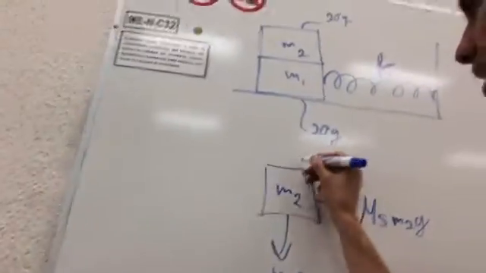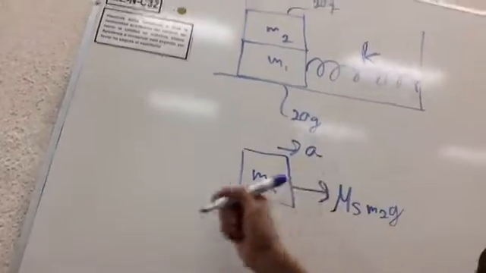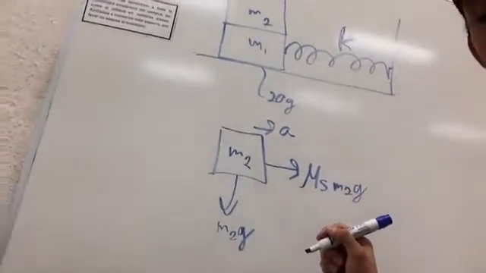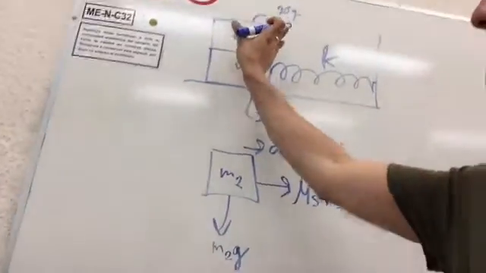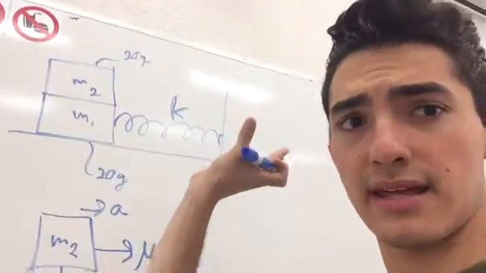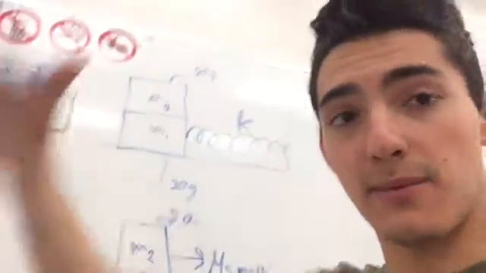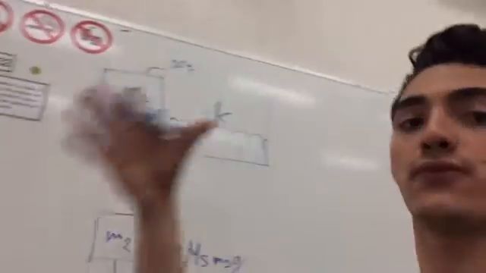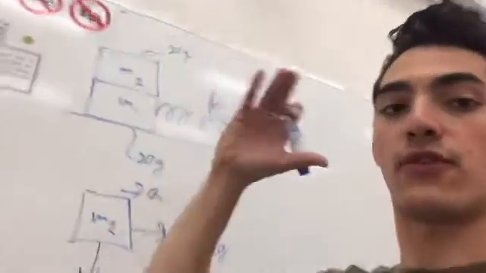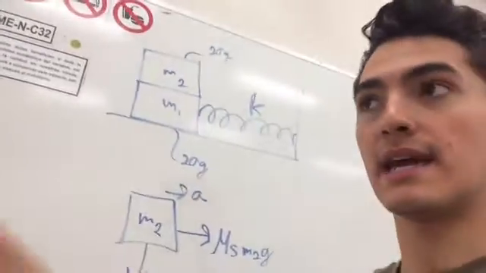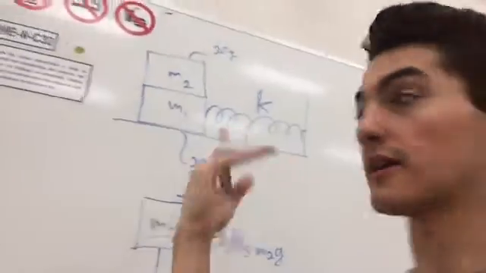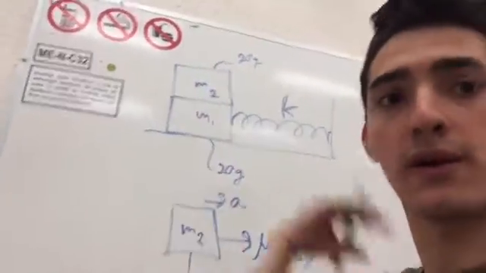We also know that the acceleration is going this way because as block 1 is moving to the left, block 2 is pulled toward the opposite direction.